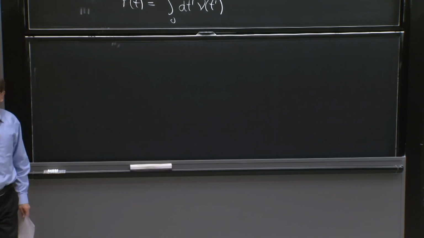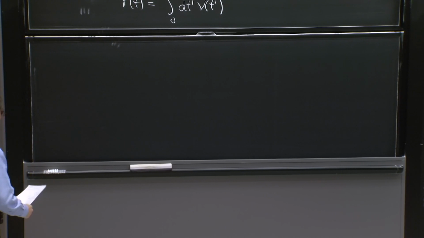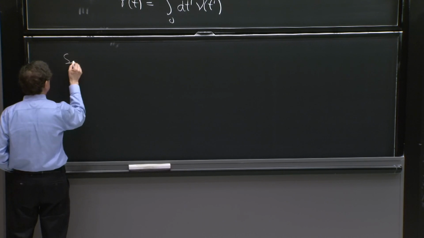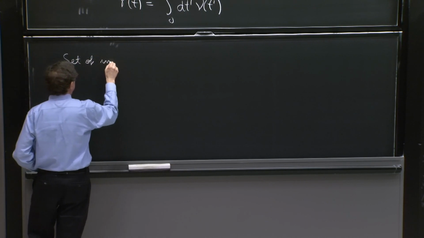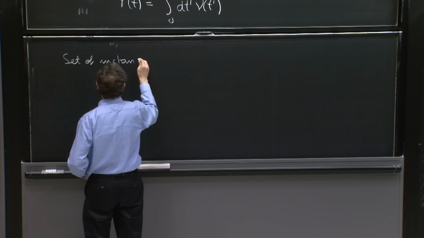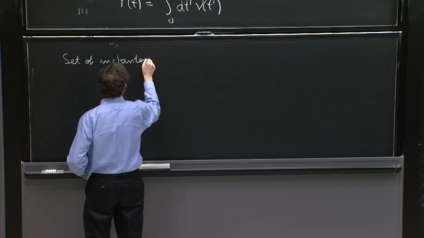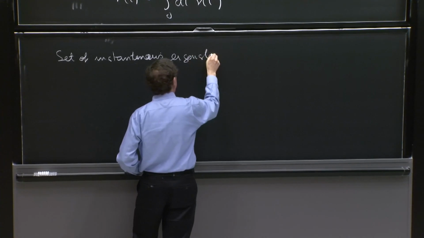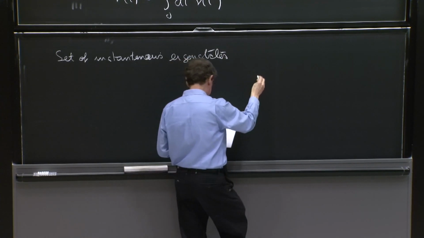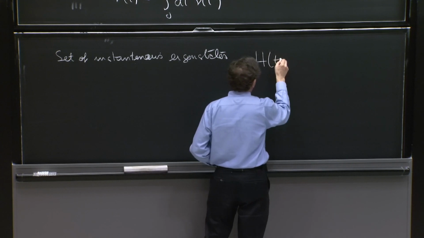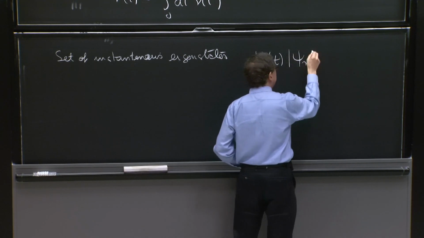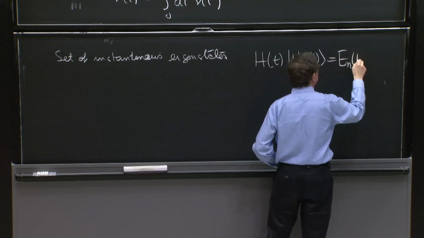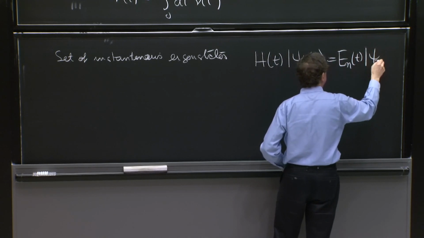So if we want to state the adiabatic theorem a little more precisely, we consider a set of instantaneous eigenstates, and that is H of t psi n of t equal E n of t psi n of t.